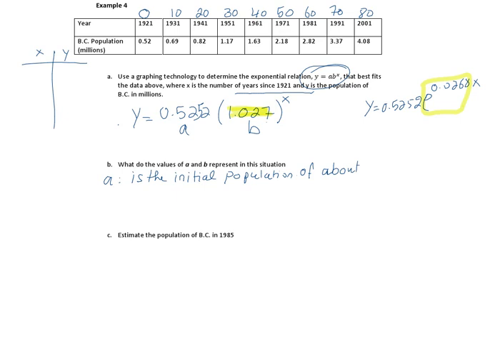I think it's 525. So it's about 525,200 in 1921, right? If you multiply this by a million, by 1 and 6 zeros, you're gonna get this answer.